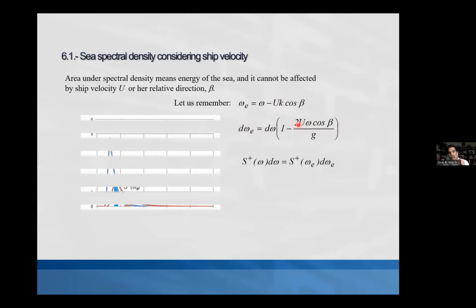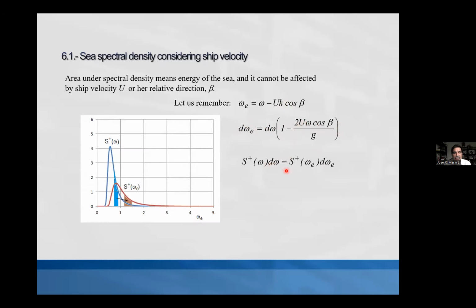Okay, so we have to say that the original area, the original spectral density multiplied by the original width, has to be equal to the new width of this rectangle multiplied by the new value of the spectral density. This is a spectral density affected so that its area below this curve doesn't change, corresponding to the original area. Now this encounter frequency, we can put it from here.